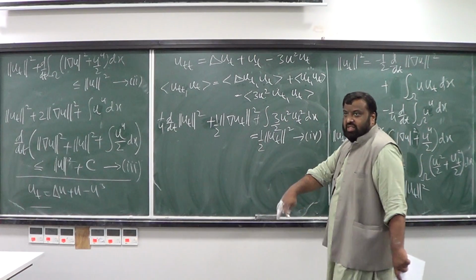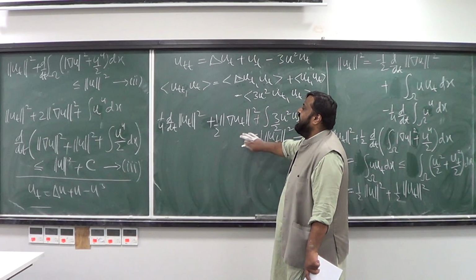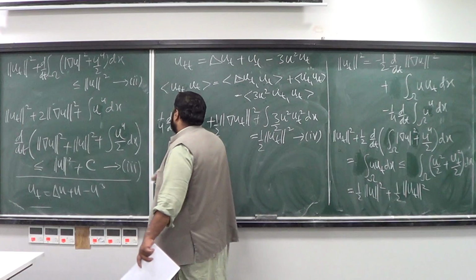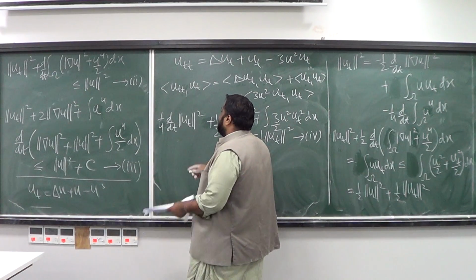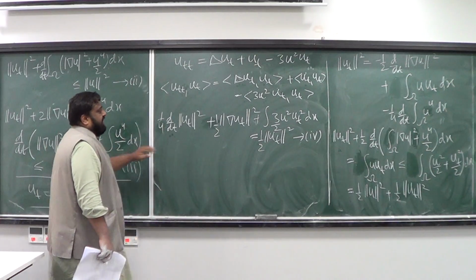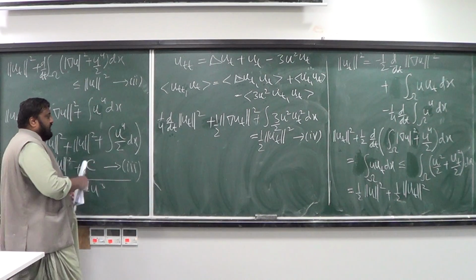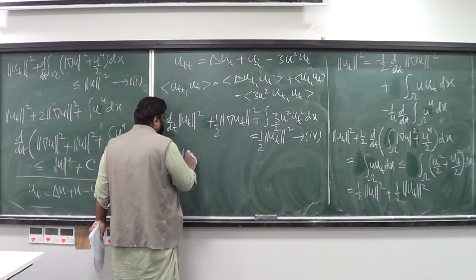I'm directly writing the result actually. Okay, so take this equation and add it into the inequality. And by adding it to the inequality, what I mean is, put these derivative terms together and the rest of the terms together. So when you do this, you're going to get an inequality of this kind.